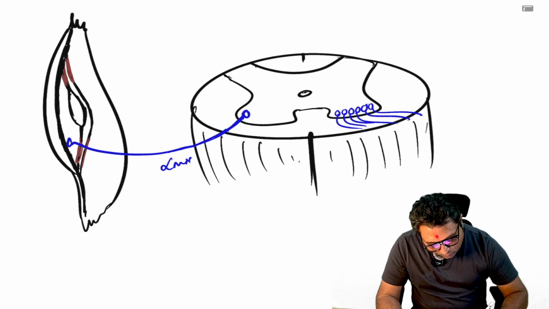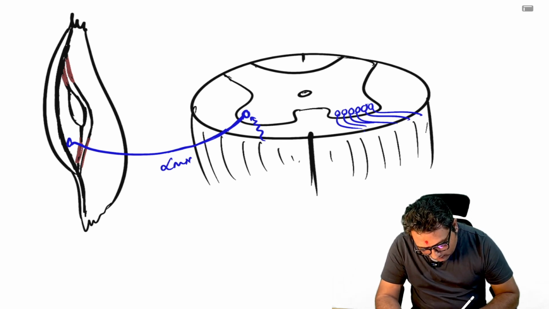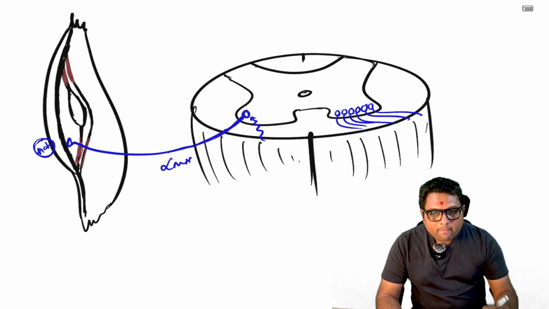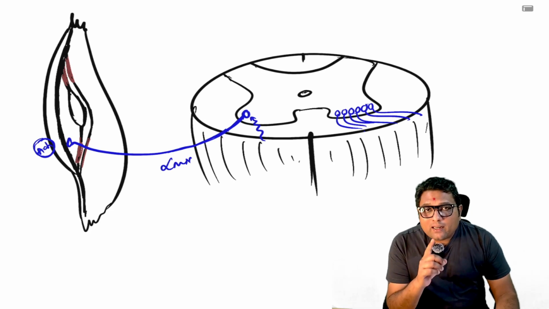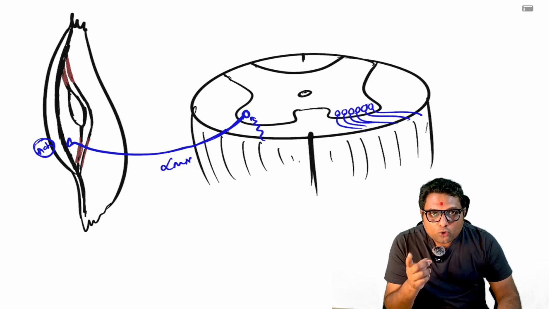So when we stimulate this alpha motor neuron, it leads to release of acetylcholine as a neurotransmitter at the neuromuscular junction.